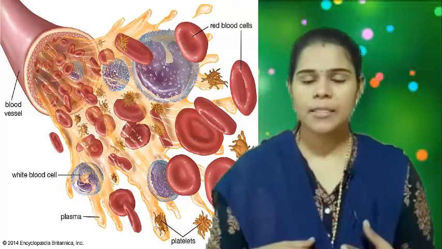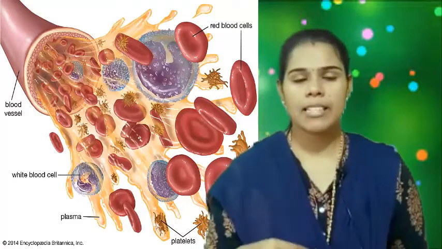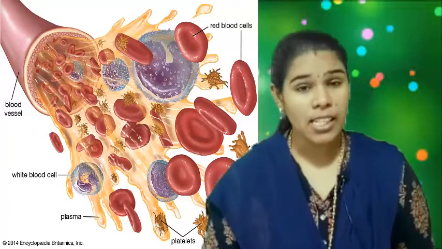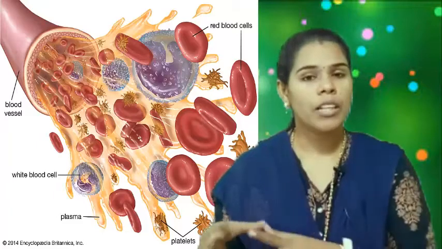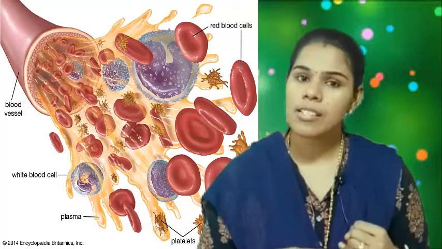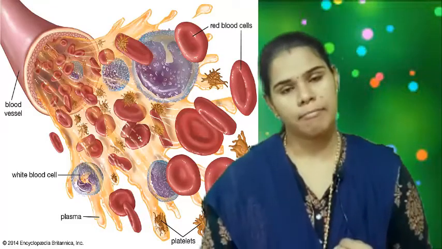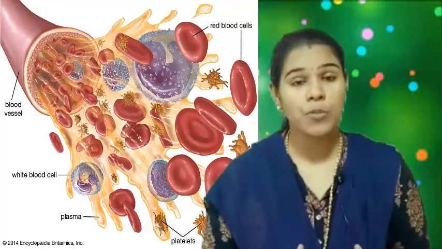In this plasma, the blood has RBC, red blood cells. The blood has so many different components. The first one is the fluid matrix called plasma, and second we can see the different types of cells.